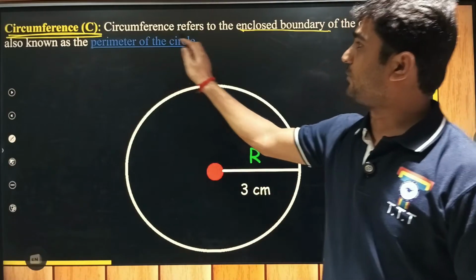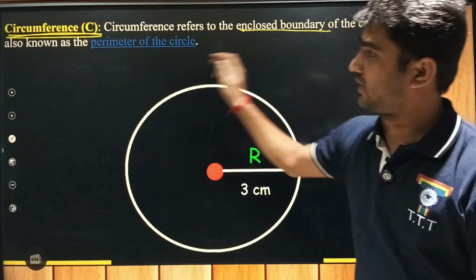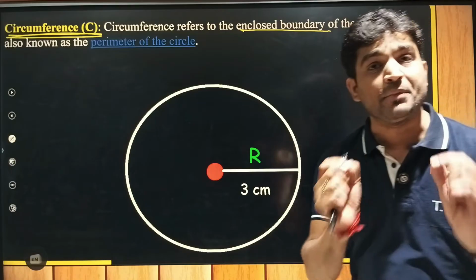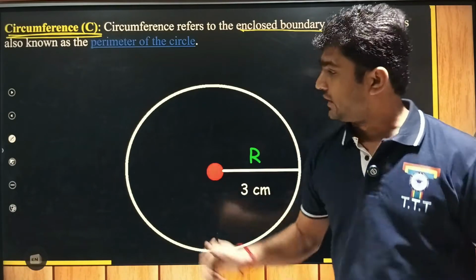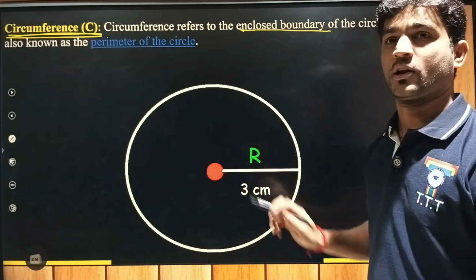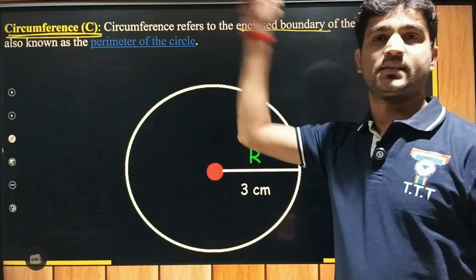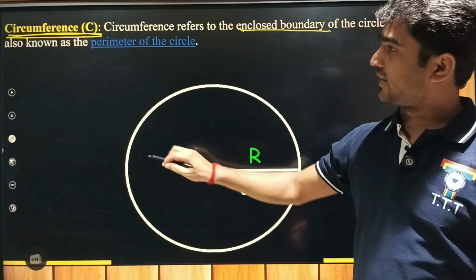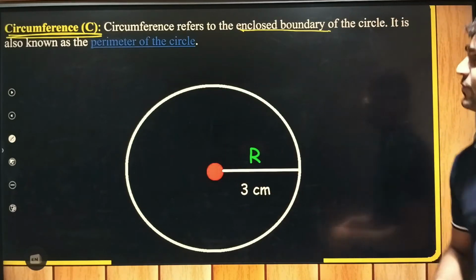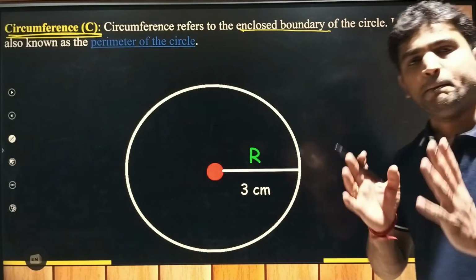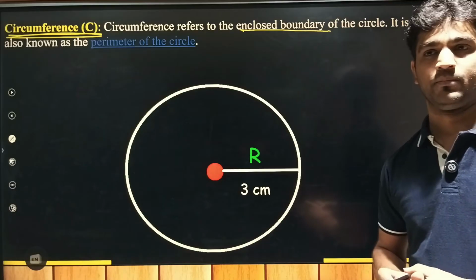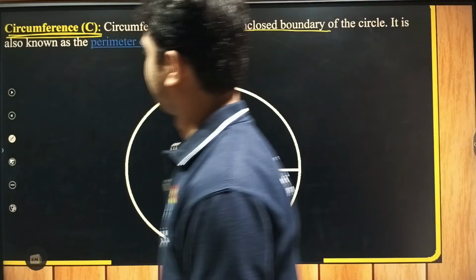It is also known as the perimeter of the circle. This white color perimeter, or else circumference of the circle, just refers to the boundary of the circle. Okay? That is the circumference.